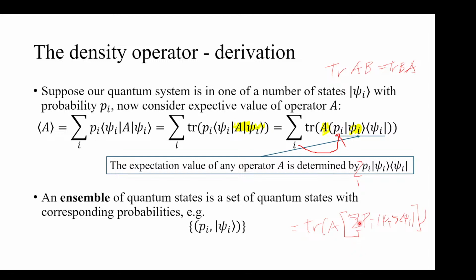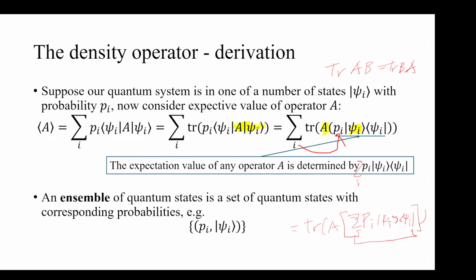This is what we call a density matrix. The expectation value of any observable only depends on the observable itself, obviously, and this quantity, the summation over i of pi psi i psi i.